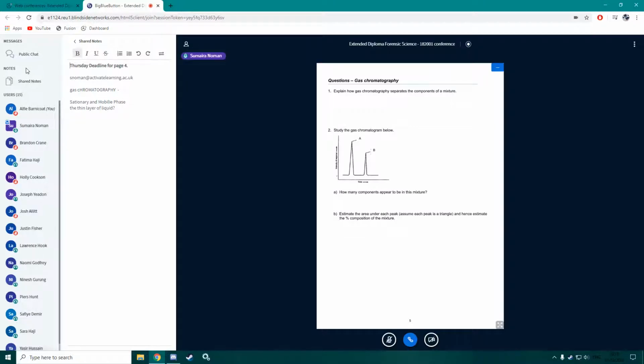Yes, definitely, the thin layer of liquid, and this thin layer of liquid is supported by the column, which is solid. And the mobile phase is the unreactive gas called a carrier gas, something a bit like, say, argon.